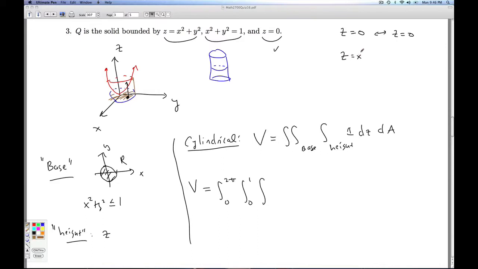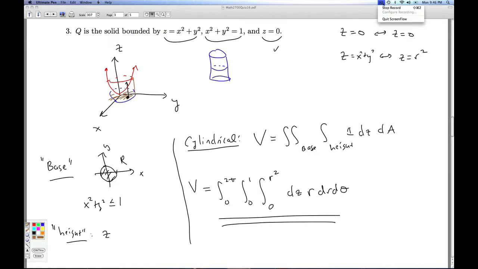But z equals x squared plus y squared, well, that's z equals r squared in cylindrical coordinates. Then we have dz, and then for the area differential in polar coordinates, we have r dr d theta. So that'll do it then for number 3.